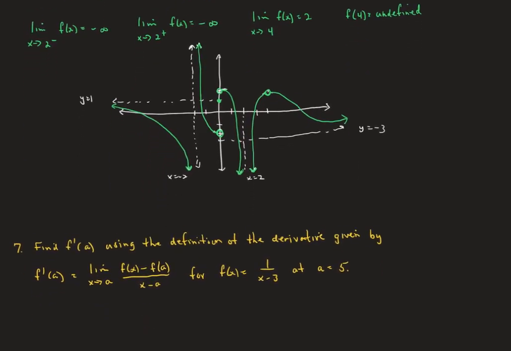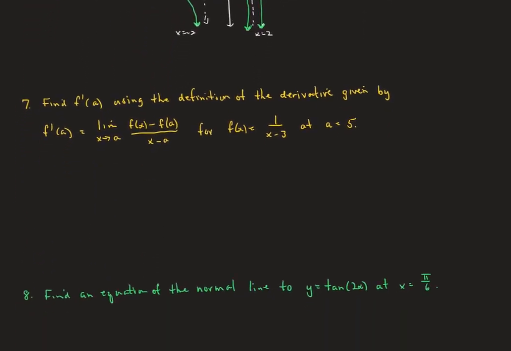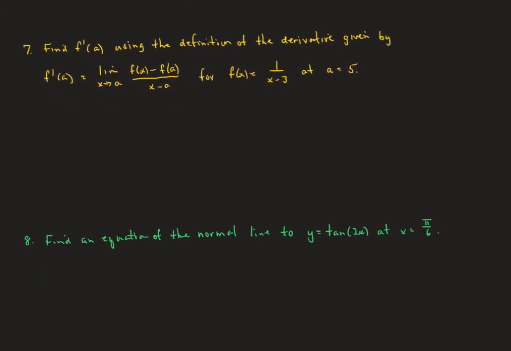Okay, let's slide up and see if we can find f prime of a using the definition of the derivative given by f prime of a equals the limit as x approaches a of f of x minus f of a over x minus a. Our function is going to be 1 over x minus 3, and the value of a is 5.